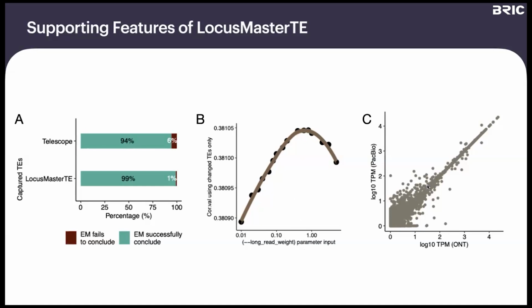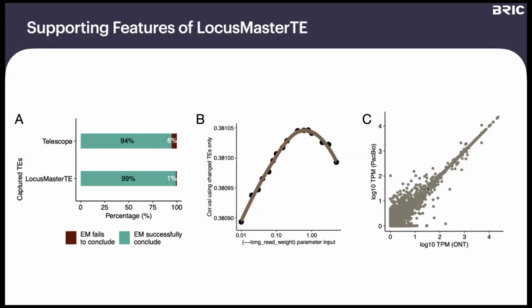And finally, we tried to ensure the compatibility between the two major long read RNA sequencing techniques, nanopore and PacBio. We compare the performance of LocusMasterTE using the previously mentioned simulated short read RNA sequencing. Then we compare the TE quantification generated by LocusMasterTE with the two different inputs for the long read RNA sequencing.